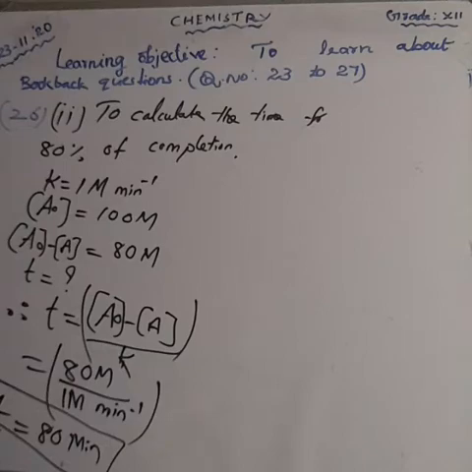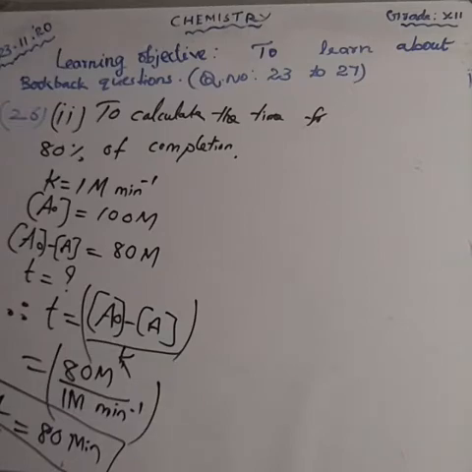The EA value, the activation energy of the reaction, is equal to 22.5 kilocalories mole inverse. First you have to convert it into calories per mole by multiplying by 1000. Next, the temperature is 40 degrees Celsius.